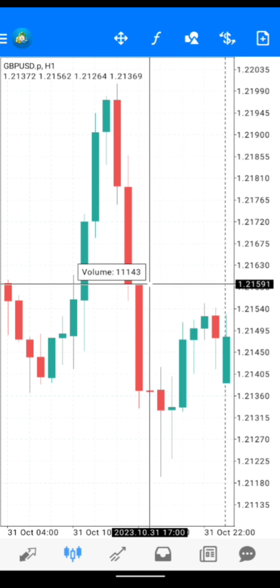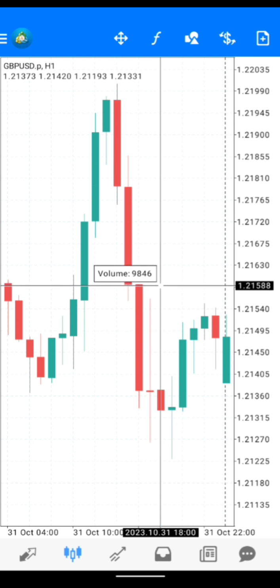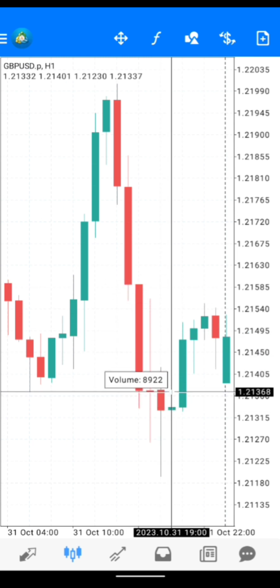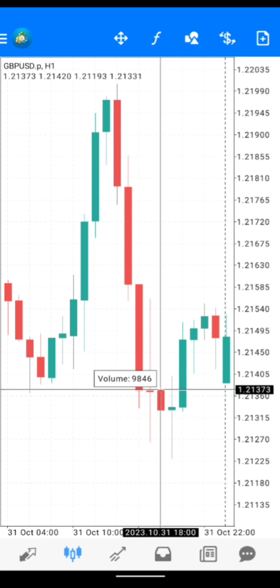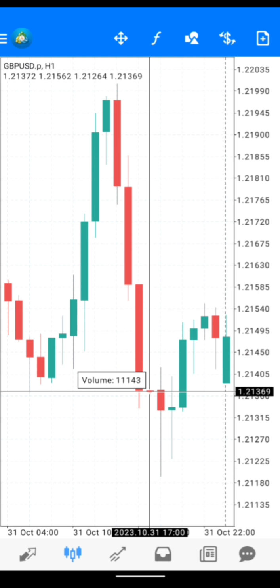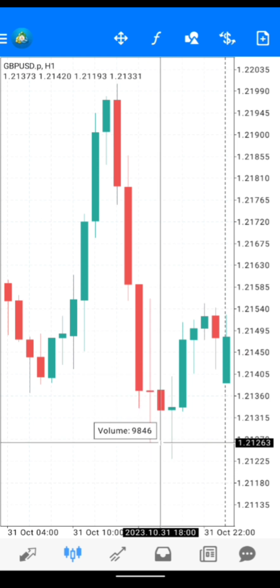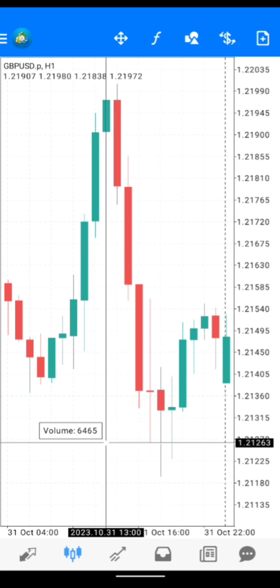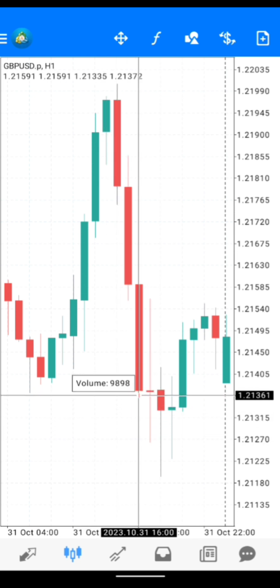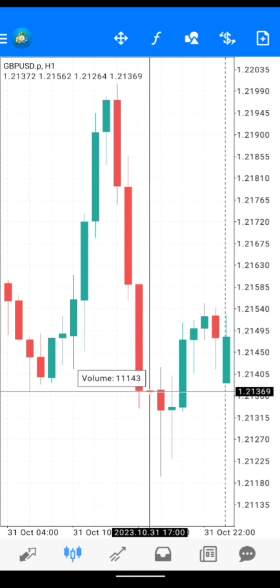The next hour, the candle opened here, pushed lower, and closed here. The next hour, the market opened here, pushed higher to 1.21561, and came back lower to 1.21263, but closed here, and so on. So that's the open, close, high, low of a bearish candle.